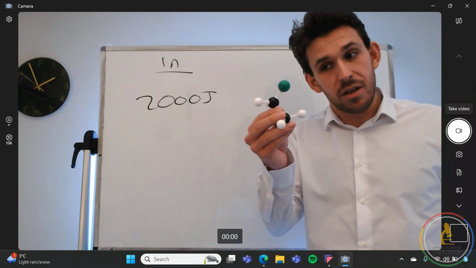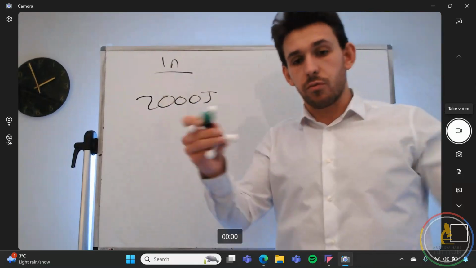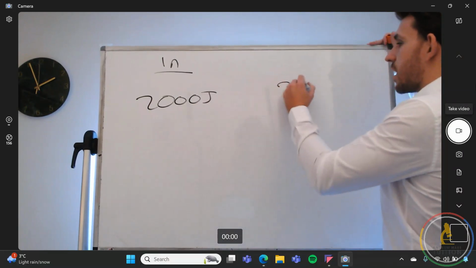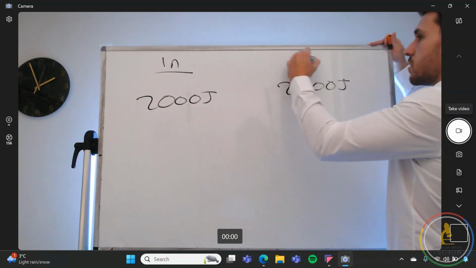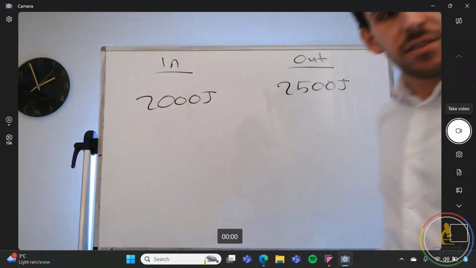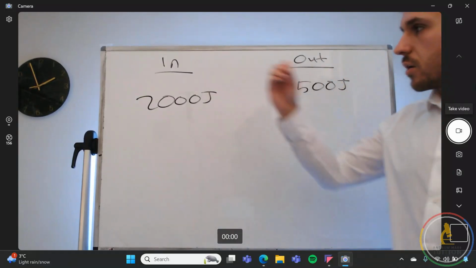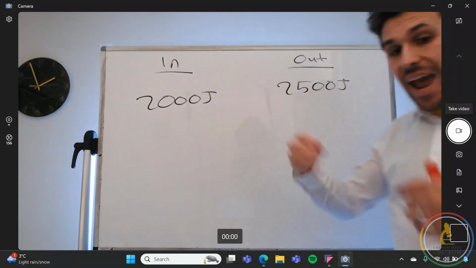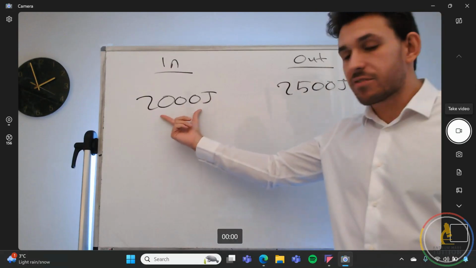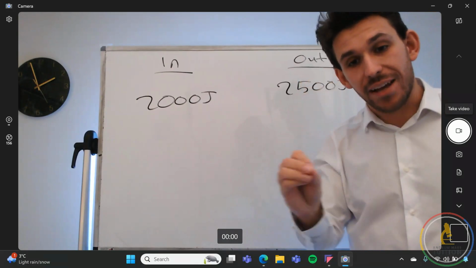in the first place. So if, for example, I were to add up all of the energy that gets given out when I remake all the bonds in my products, it might give me 2500 joules. And now we can start to put it together. I know it's a made up example, but in this example, we have more energy being given out when we remake the bonds in the products than we have taken in to break the bonds in the reactants.